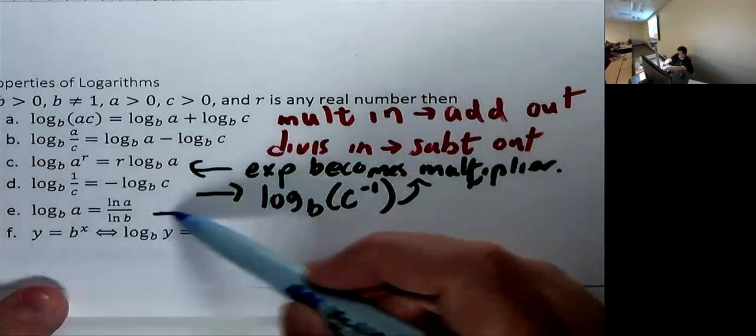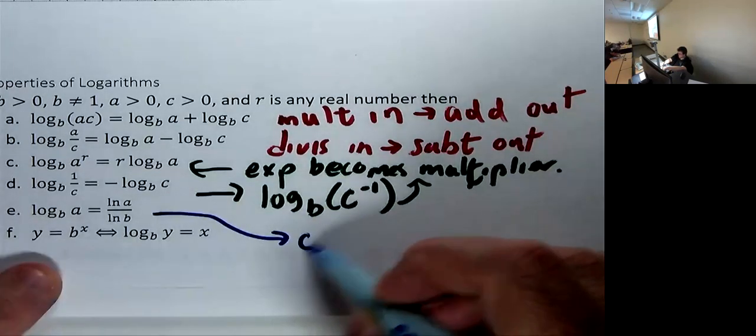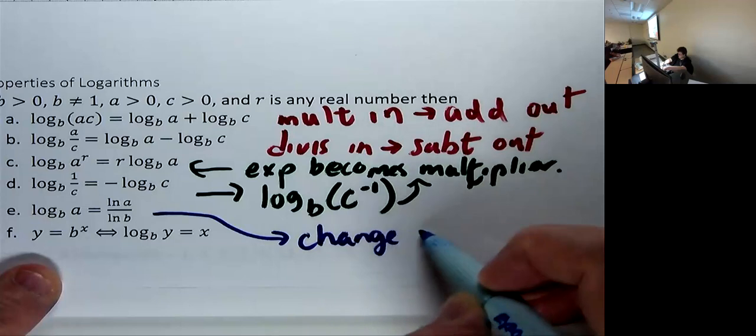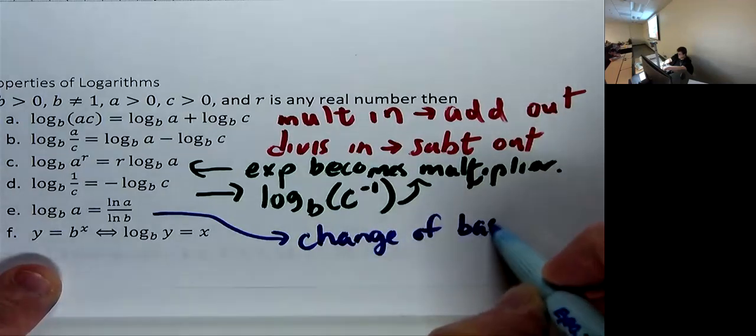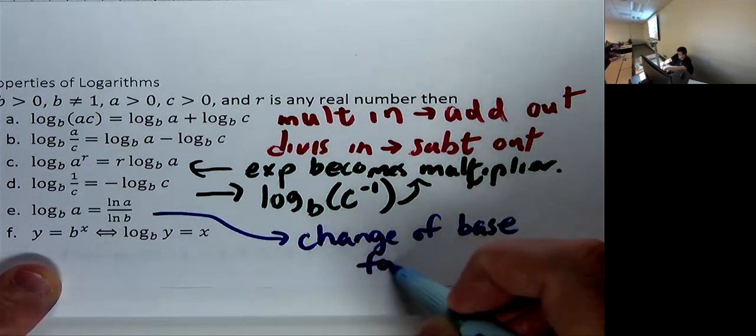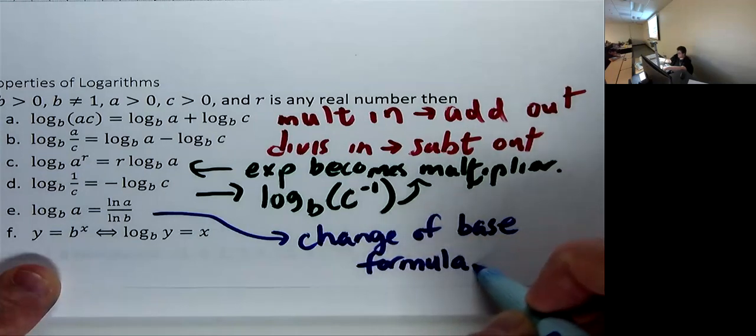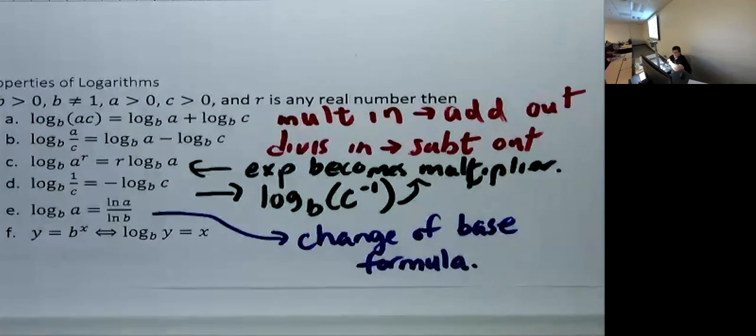This one is called the change of base formula. And we actually said f up above.